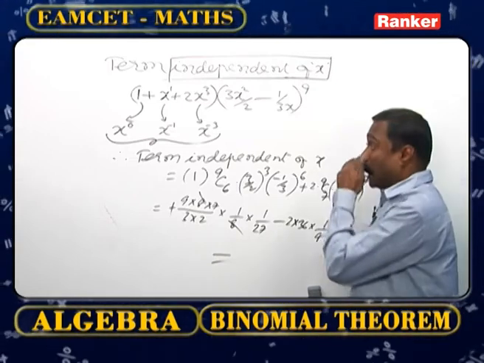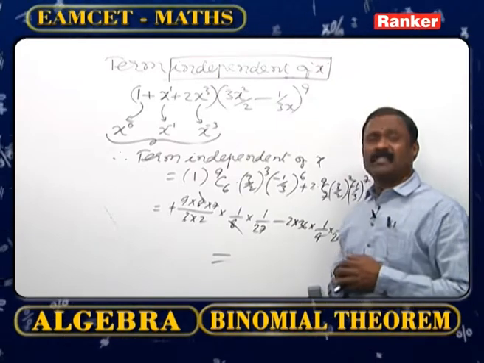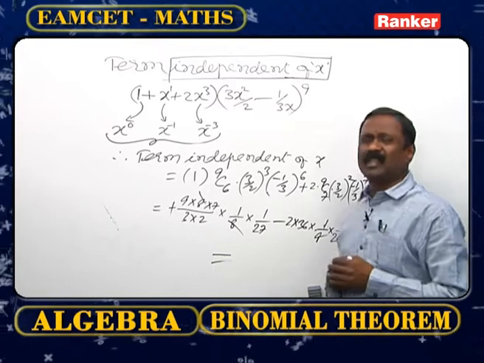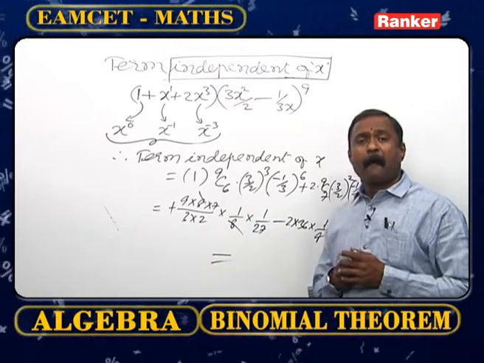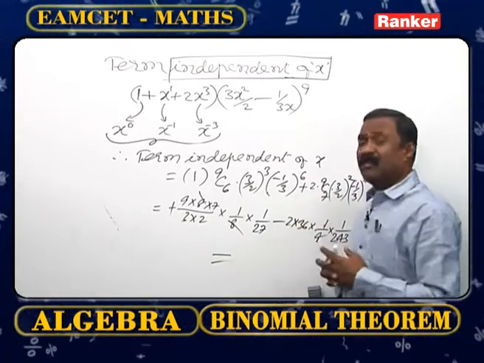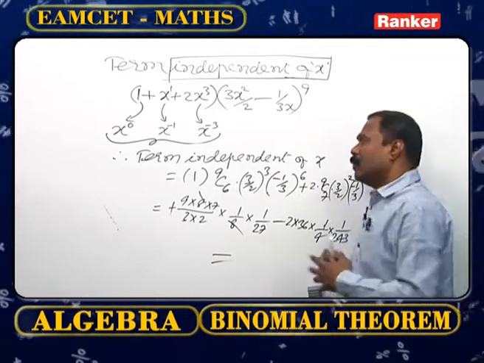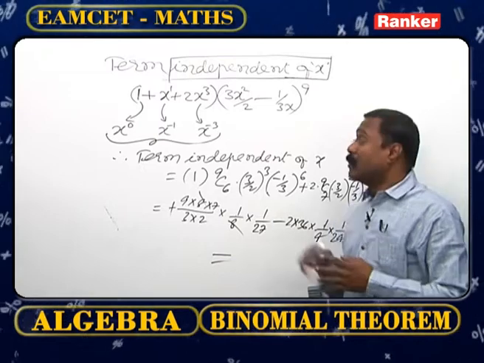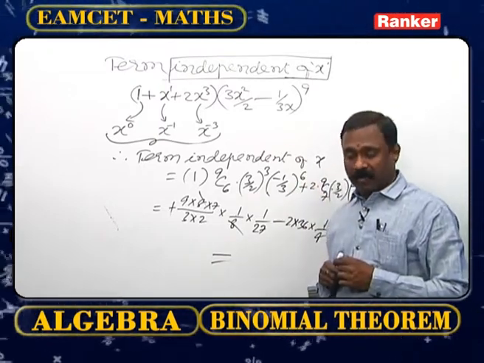And you cannot write any direct steps for this one, like you have some formula to find the term independent of x to write the value of r directly, but you don't need to take that. If you work this out at pace, that means if you practice it, you can write the direct steps and simplify this in this way. This is one of the important models in the binomial theorem.